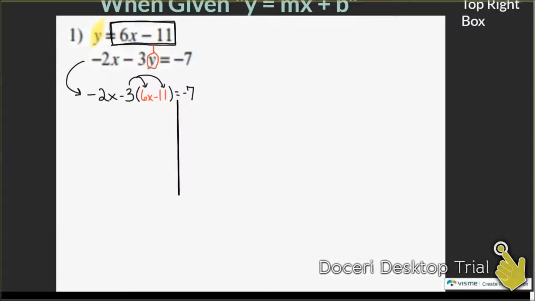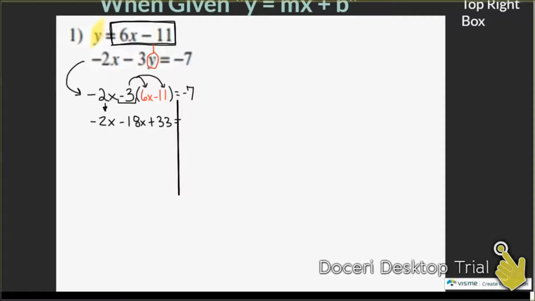Alright, so let's see how we did. We still have negative 2x, so that just gets brought down. Nothing happened there. But we had some distributing to do. Hopefully when you distribute, you remember this is a negative 3. Negative 3 times positive 6 gives me negative 18x. And then negative 3 times negative 11 gives me positive 33.